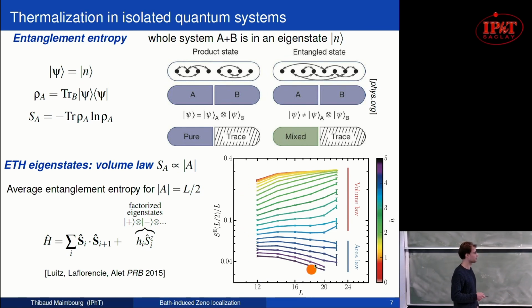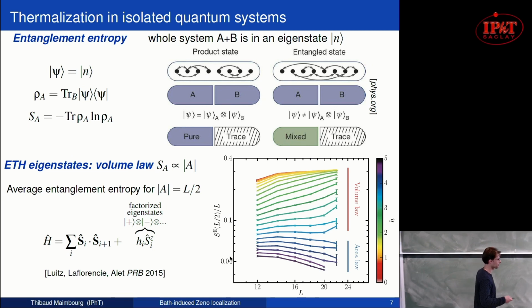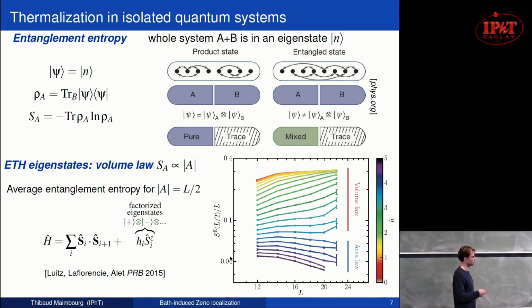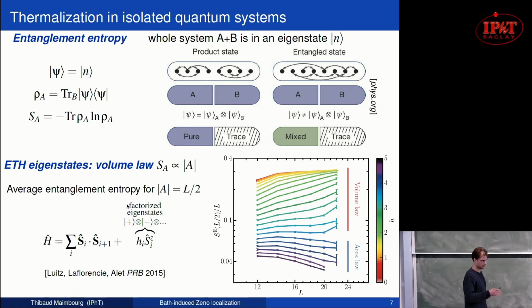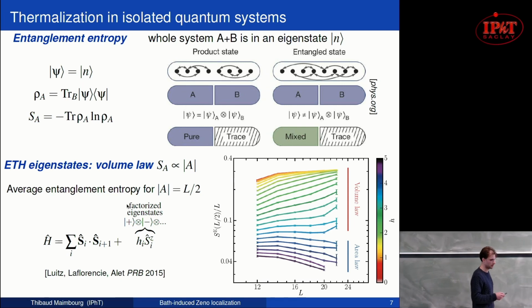While if you don't have enough interactions, you don't see this extensive behavior anymore. This is usual of many-body localized states here, for example. Basically, you are dominated by the independent Hamiltonian.